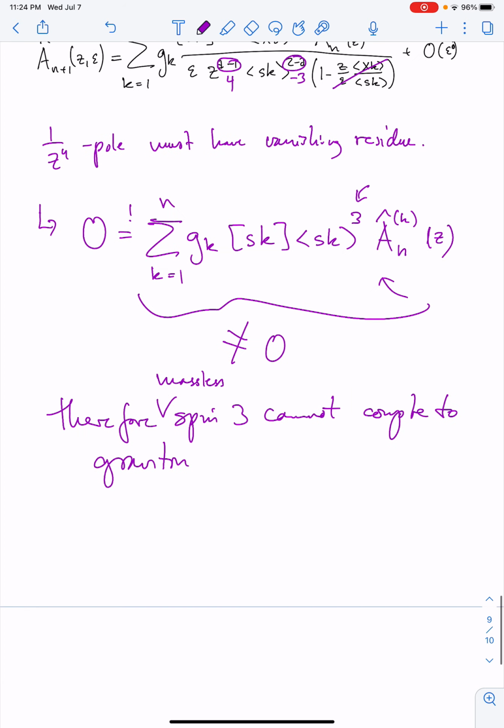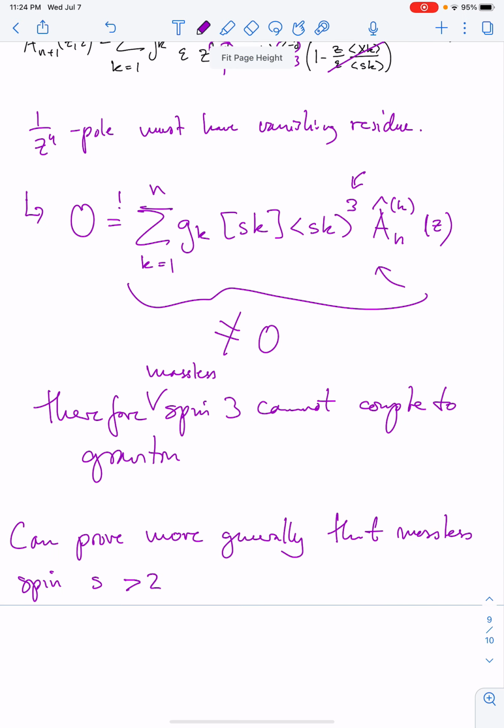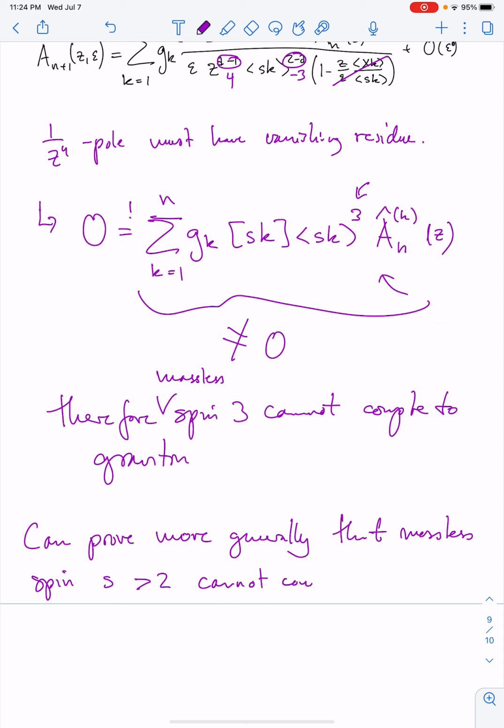And in general, one can prove, and use the master formula to prove more generally, that any massless particle with spin S greater than 2 cannot couple consistently to the graviton. At least not through cubic couplings, for which this amounts to. And we know in particular that the graviton is supposed to couple uniformly to any other particle. And so if there were such particles, they would have the same coupling, and this thing can just never be 0.